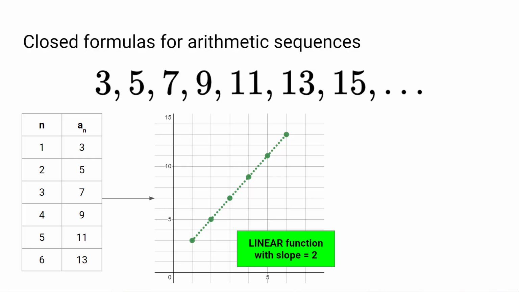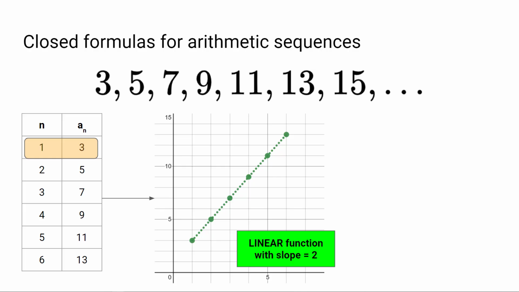Linear functions are completely defined by their slope, which is the rate at which they change, and a point on the graph of the function. Well, the slope here is 2 because every increase of 1 in the input produces a change of 2 in the output. And I can look at the data here and see that the point (1, 3) would be on the graph of this function.